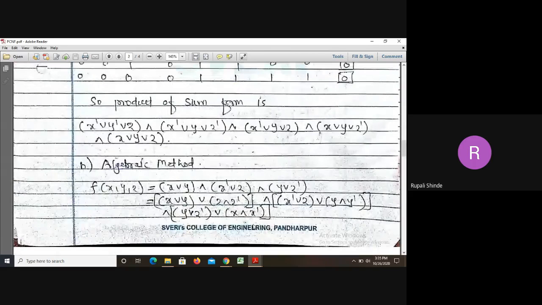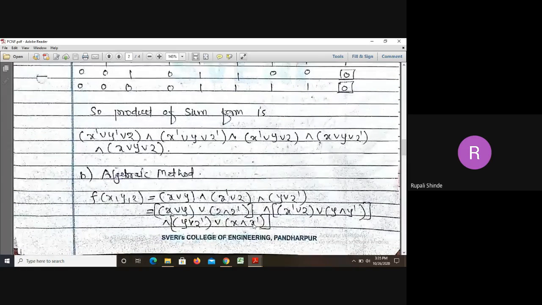So we will solve it. What is our given function? F of x, y, z is equal to x or y, and x complement or z, and y or z complement. We have to convert this into product of sum form. Check here, product is given and sum is also there, so this is in the correct form.